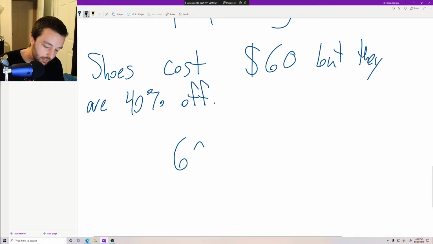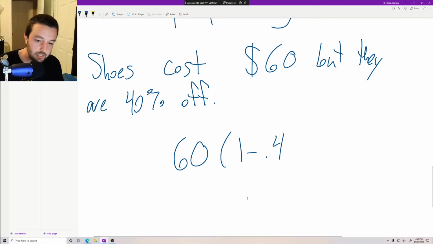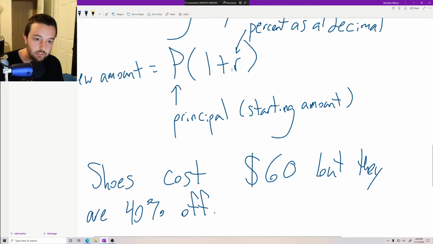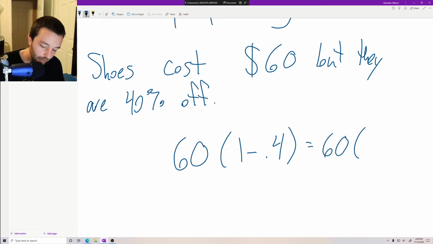So we take 60 and then we do 1 plus, or you could think of it as 1 minus 0.4 here, because that's 40% as a decimal. Okay. So when we're decreasing, we make it 1 minus. When we're increasing, we make it 1 plus. Okay. So 1 minus 0.4, which is 60 times 0.6, which is $36. Okay.